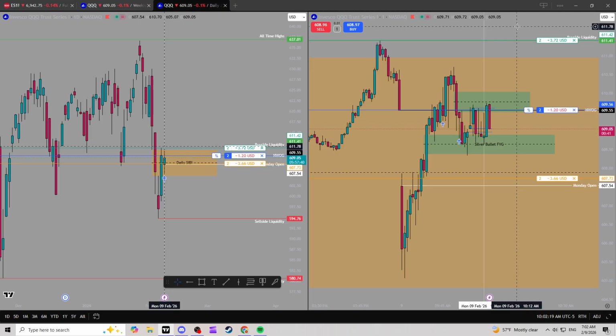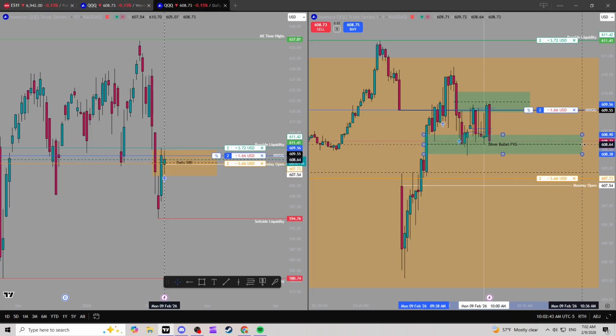Seems like every time that we make a little push forward, we get sent right back down below. Look how many times price has referred back to the silver bullet fair value gap. Right now we're just ranging in between these two zones, these two fair value gaps.